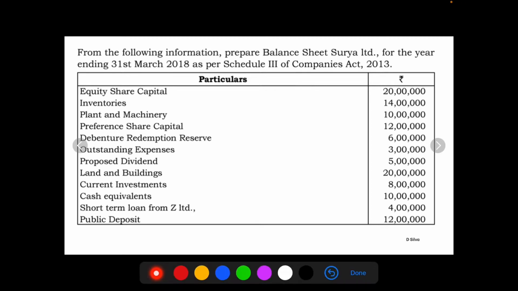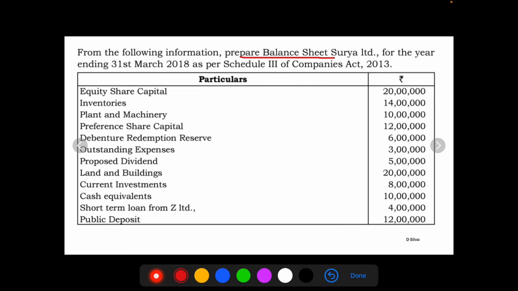So students, from the information we know that we need to prepare balance sheet for Surya Company Limited for the year ending 31st March 2018 as per the Schedule 3 of Companies Act 2013. So from the information, if we quickly glance through, the preparation has to be done as per the given format.